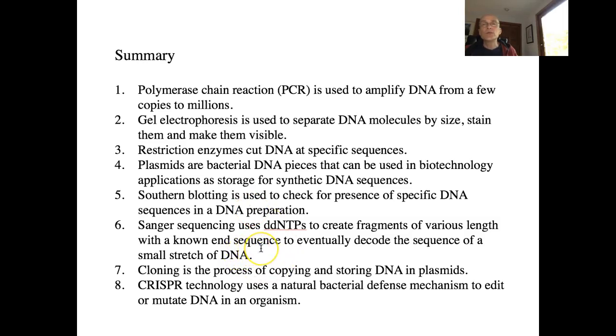Sanger sequencing is used to sequence and deliver the sequence of an unknown piece of DNA. Cloning is the process of sticking pieces of DNA together and putting them into a plasmid using restriction enzymes and potentially amplifying that in a host, usually a bacterial host. And then CRISPR technology uses a natural bacterial defense mechanism to edit or mutate DNA in an organism.